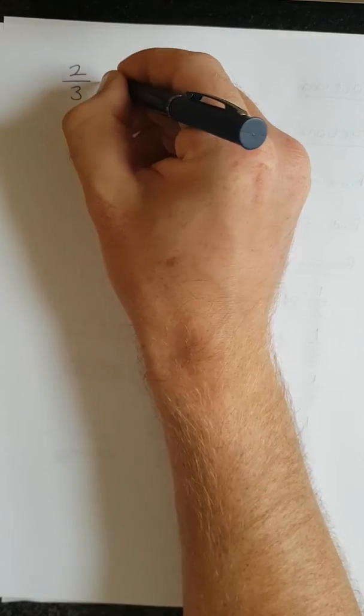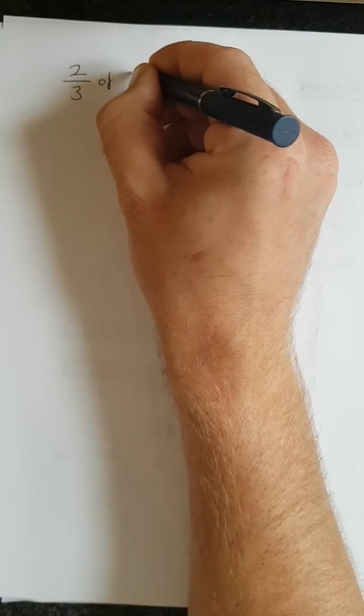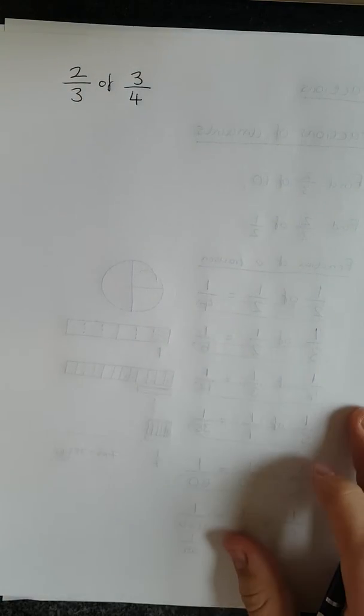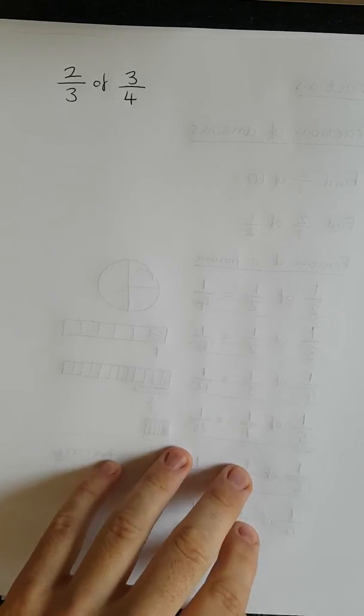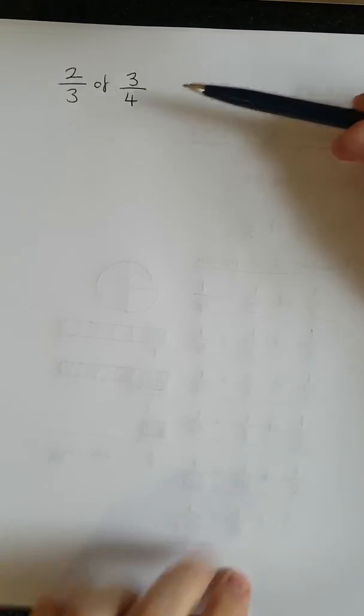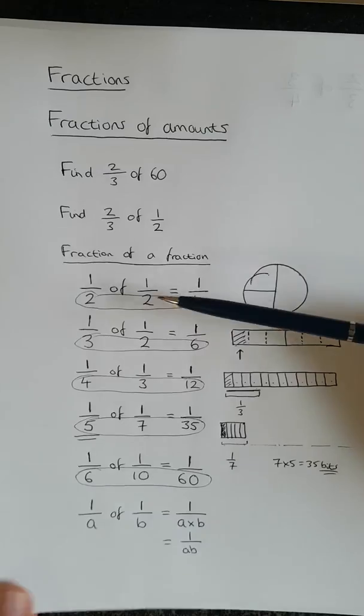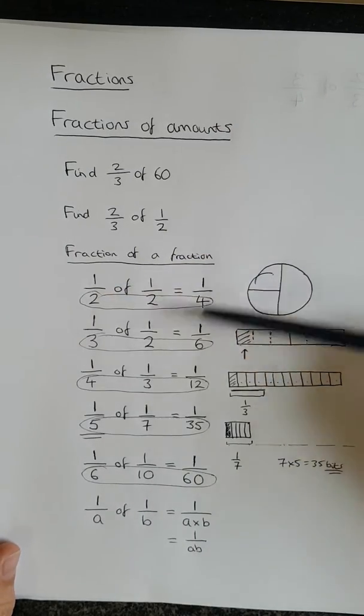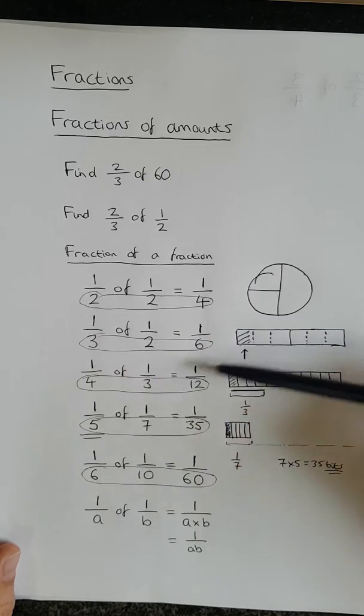Let's find 2/3 of 3/4. Now, straight away, I'm worried about our rule. Because in every case for our rule, our numerators were 1.